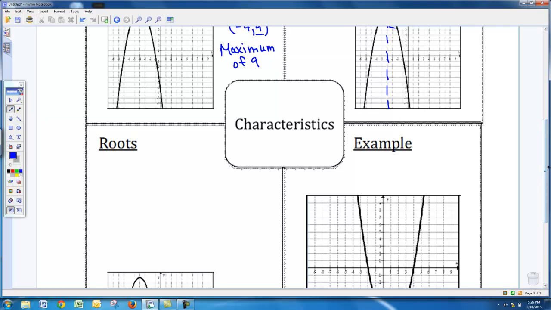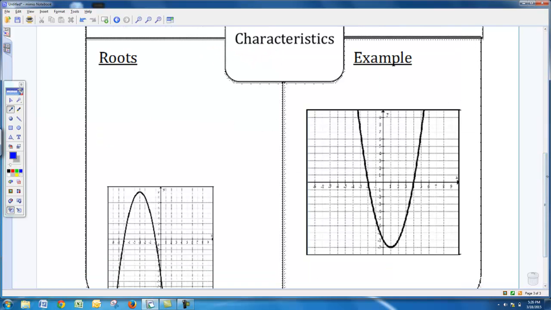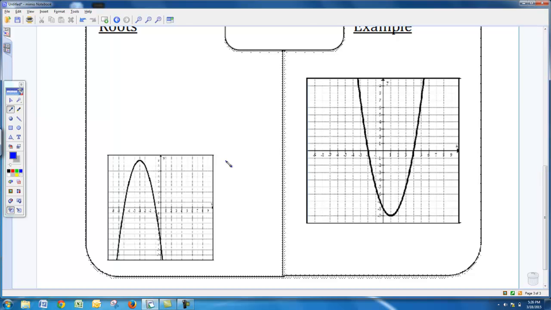Okay, a parabola also has roots. Roots are the points where the parabola crosses the x-axis.